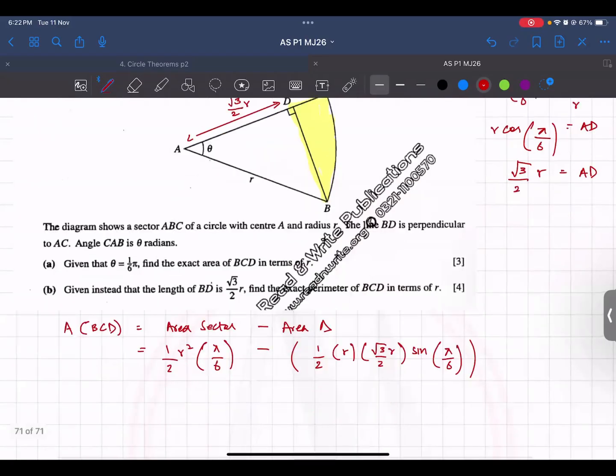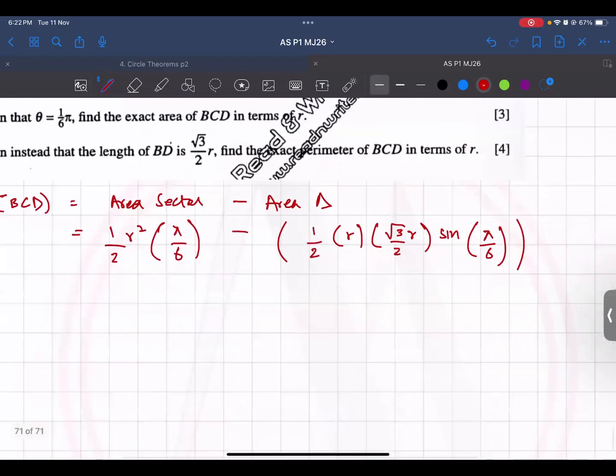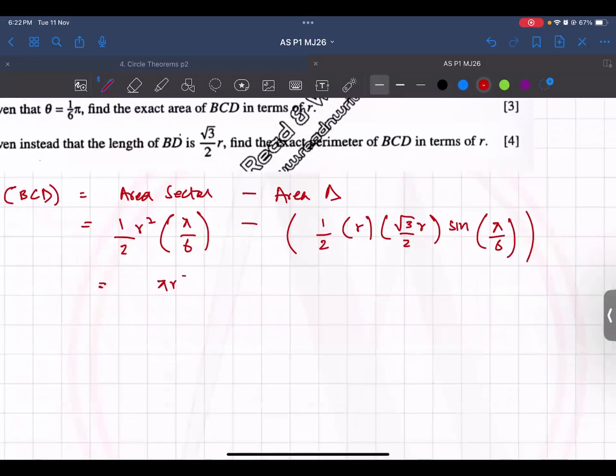And now you just have to simplify this. So this would become pi r squared upon 12 minus, this would become, how much is sine pi by 6? This would become root 3 by 4 r squared, and sine pi by 6. How much is sine pi by 6? It is, I think, half, 1 upon 2.